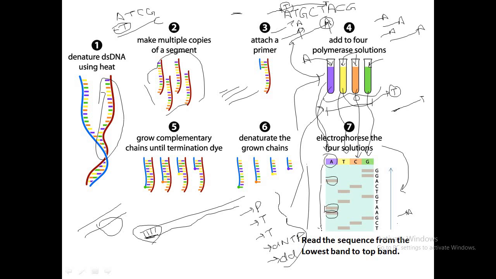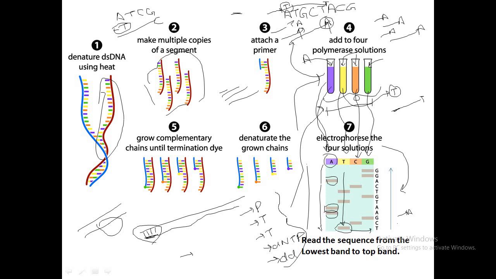Based on this you can see that the band present here, the one which is lowest, is the first base. The band corresponds to T because it is coming in the T lane. So we are sure that the first base of this DNA is T. Then after this it is C. The sequence is read from lower to upper part, because the direction of replication is 5 prime to 3 prime.